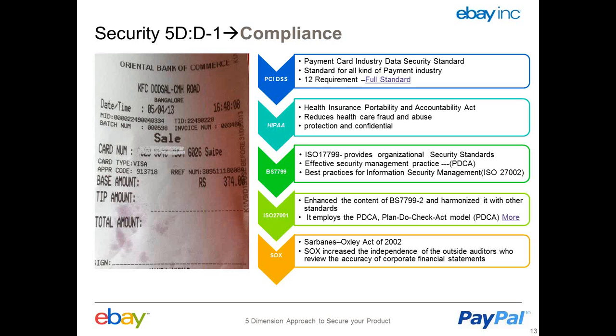You will then be able to substantially balance between usability and security, and give the best judgment out of it. The other standard is BS 7799. This is nothing but ISO 17799, which is basically an organization security standard brought in place to make security management practice better. What they follow is a simple PDCA model, that is Plan, Do, Check, Act.